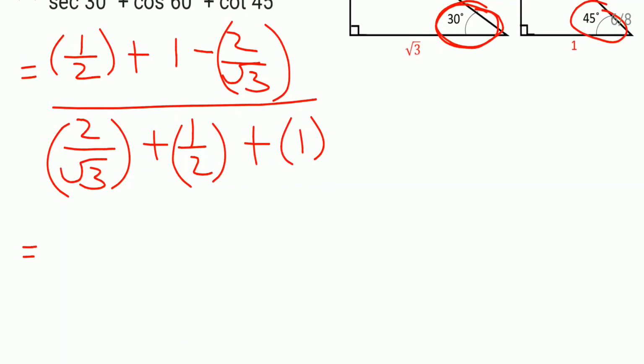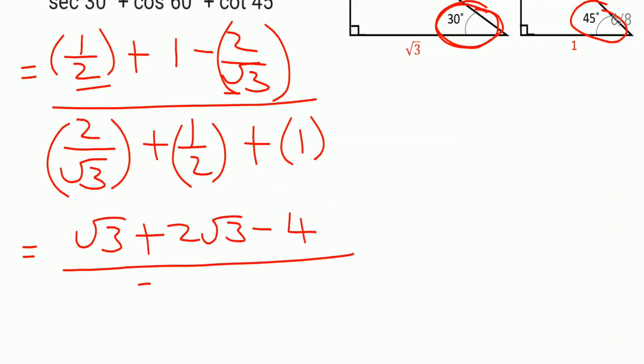Now LCM of the numerator, you see here properly at the denominator 2 and root 3 are there. So here our denominator will become what? 2 root 3. In that way I will write it down, okay, at the numerator. So here root 3 plus 2 times root 3 minus 4 divided by 2 root 3.